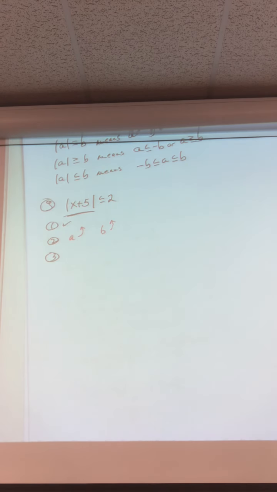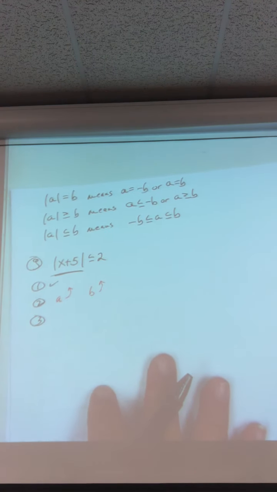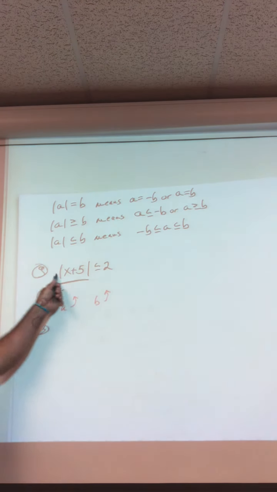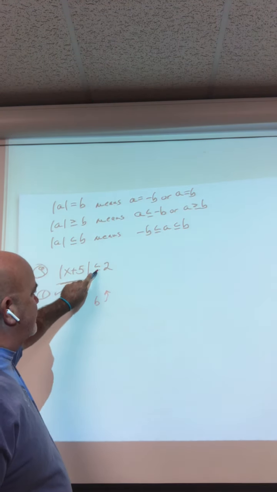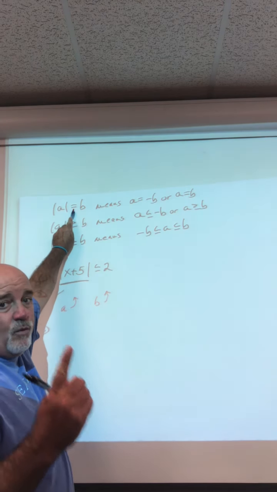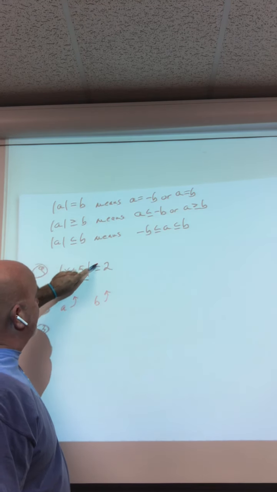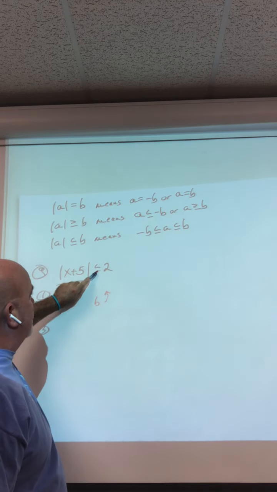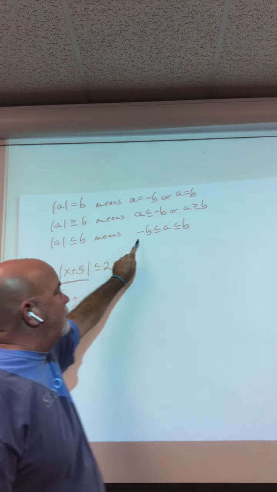The absolute value is by itself. This is not an equal, so we're not using formula 1. This is less than or equal, so you're not using formula 2. Less than or equal to, you're using formula 3.